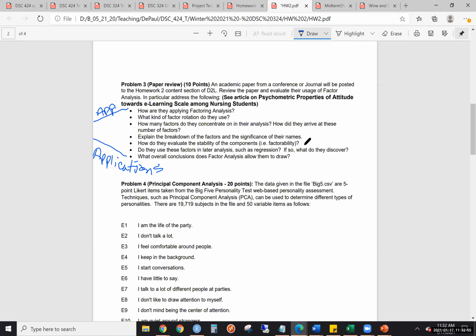So do these variables make sense in the overall data set? Do these variables also make sense in these new components or factors that have been created?